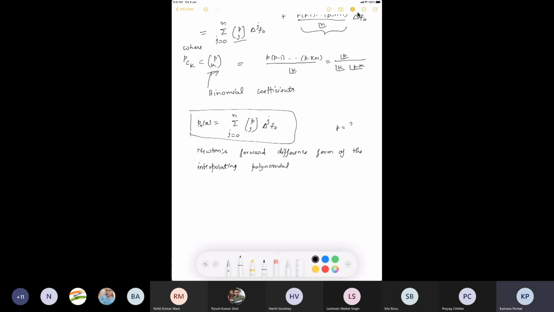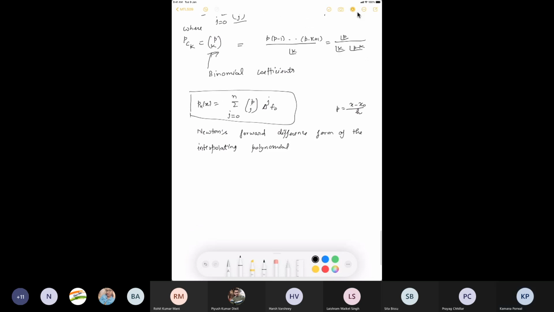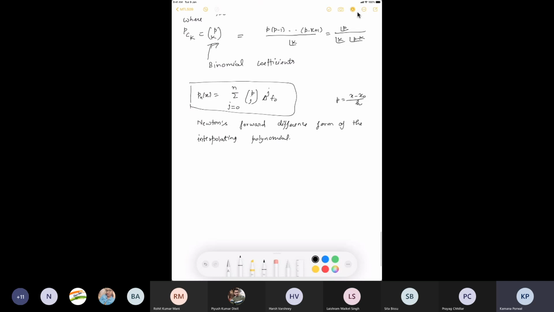Here p is (x minus x naught) divided by h. Basically, if you have to compute this polynomial, you just need to compute the forward differences of f.